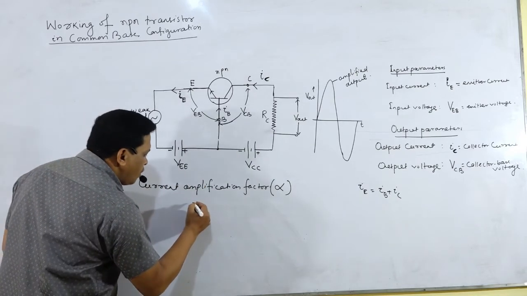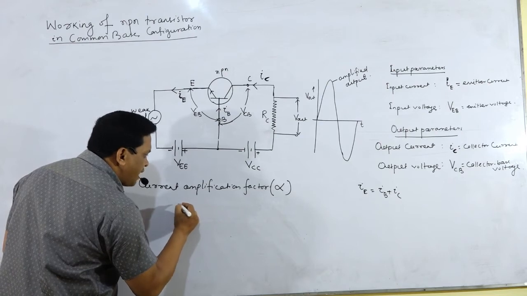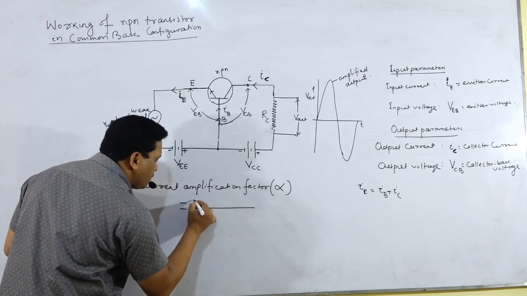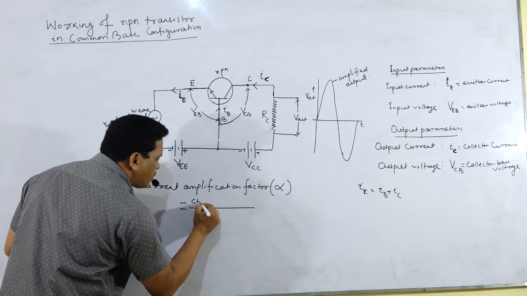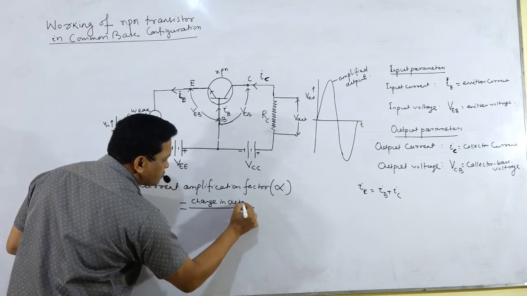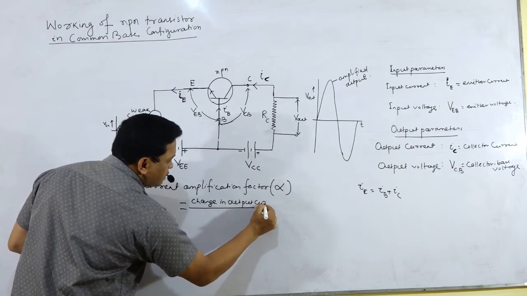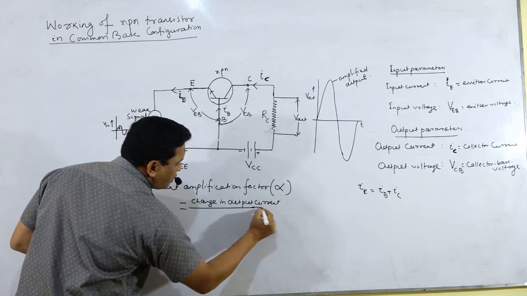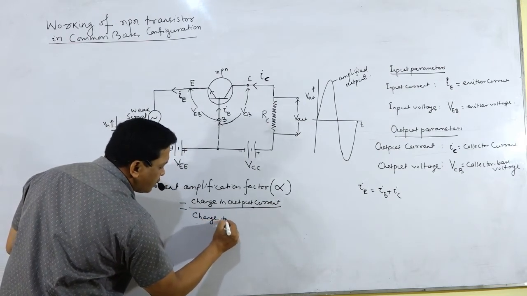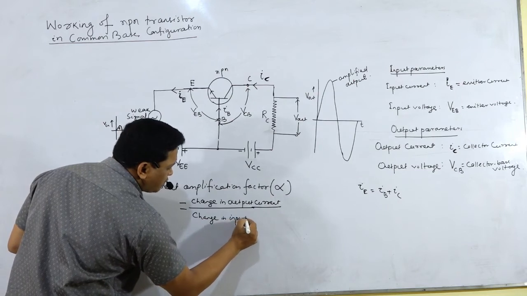Alpha is defined as the ratio between the change in output current to the corresponding change in input current.